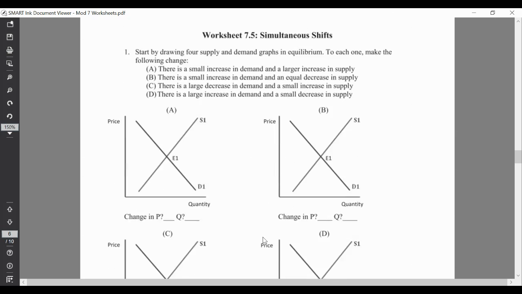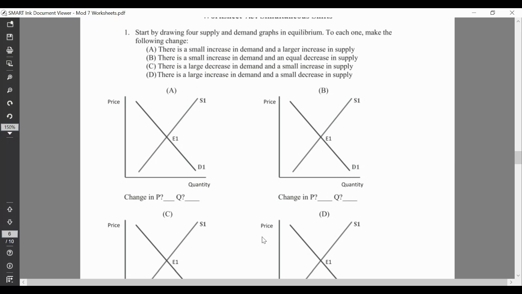Number 5. We got a bunch to go through here, or I should say 7.5. So let's take a look at 7.5. It says here, start by drawing four supply and demand curves in equilibrium, which we have. And it says to each one, make the following changes.